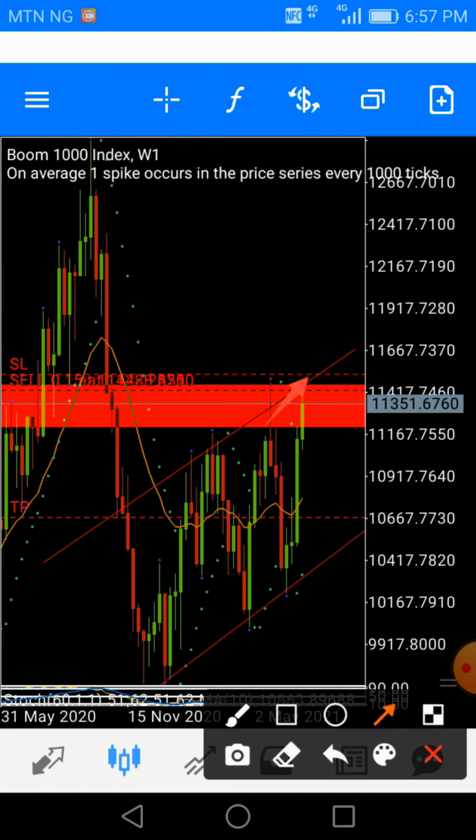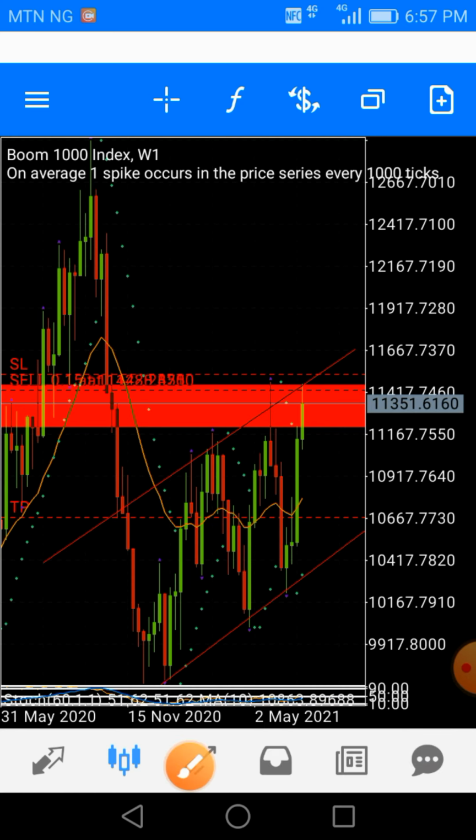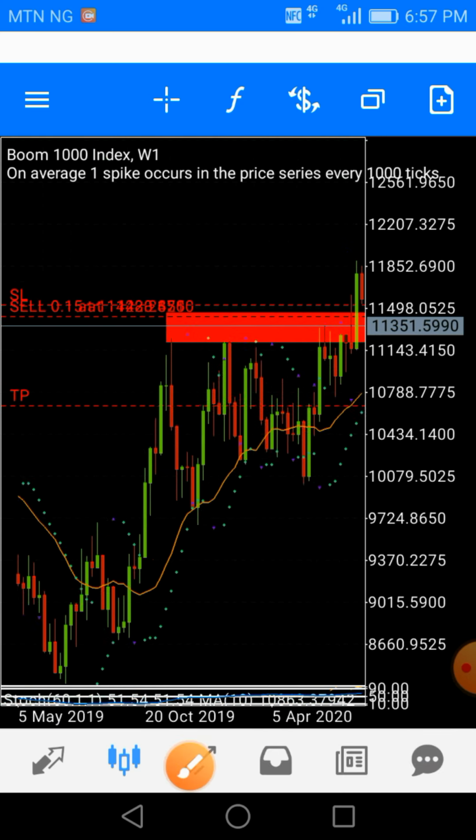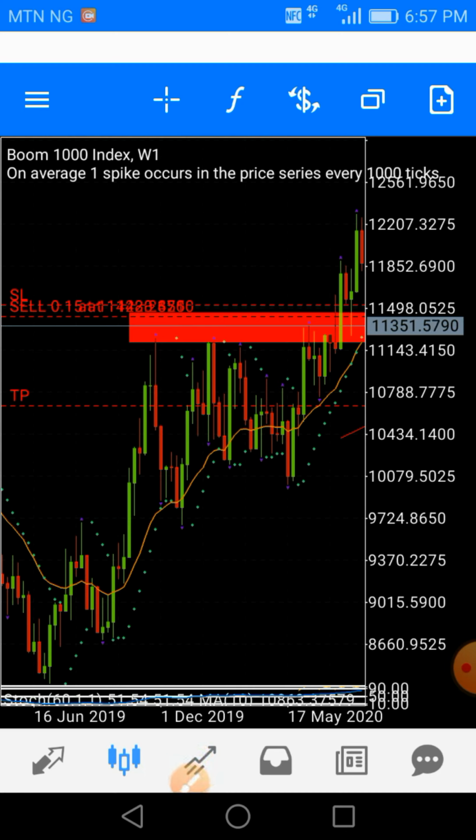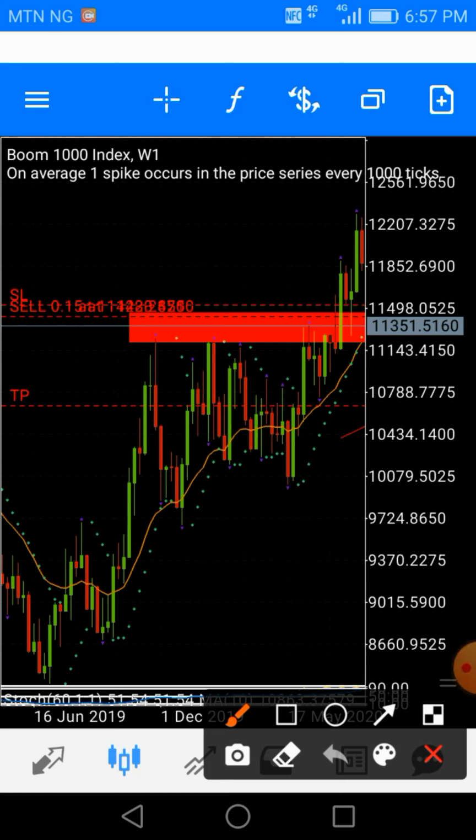There's a confluence there because the rectangle that I put showed areas where price was rejected over time. I did say that if you look very well, price was rejected here, it was rejected here, it was rejected here. Hope you can see it, guys.